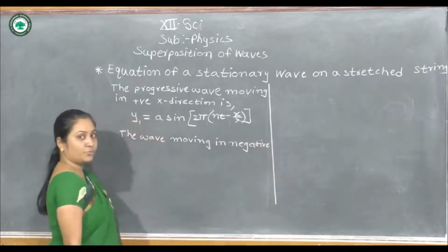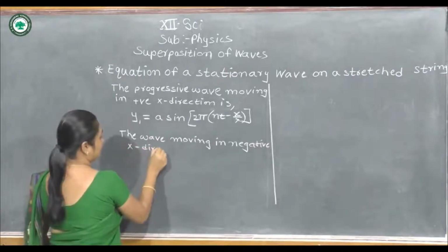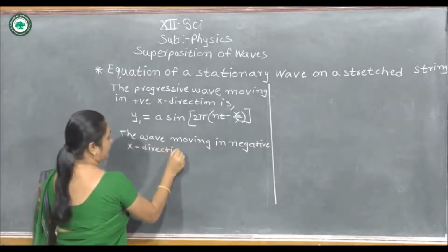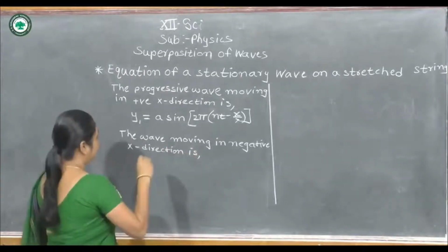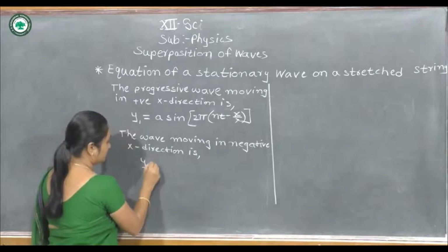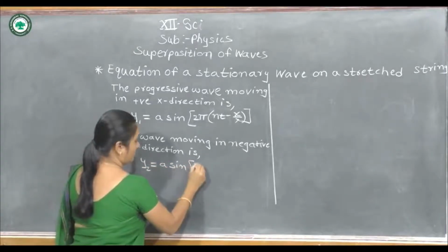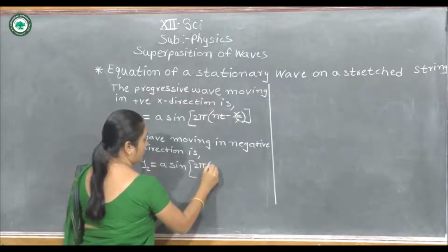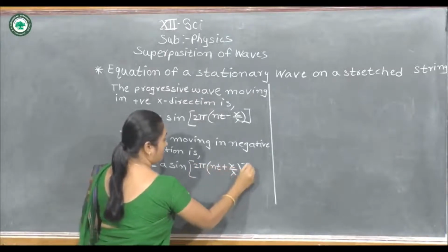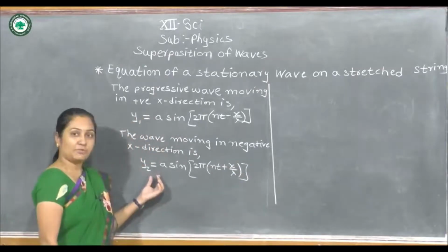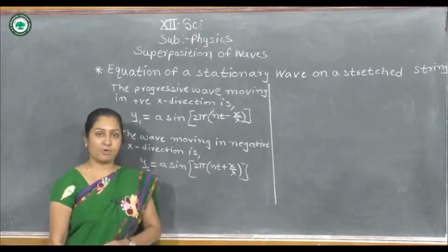The wave moving in negative direction is given by y2 equal to a sin 2 pi (nt plus x upon lambda).